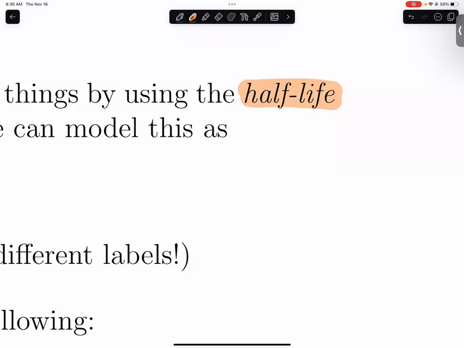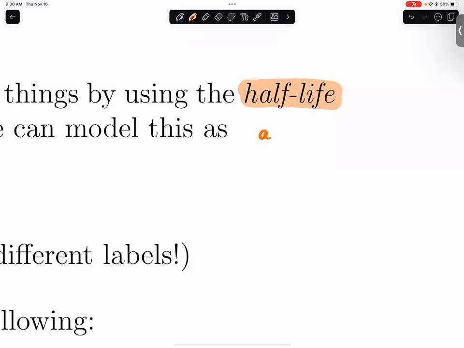So if I take a lump of some radioactive thing and just set it in the middle of this room and leave it alone for 10,000 years or whatever, after its half-life has gone by, there will be only half as much of it remaining, right? And the other half will have broken down to become more stable and not radioactive anymore.